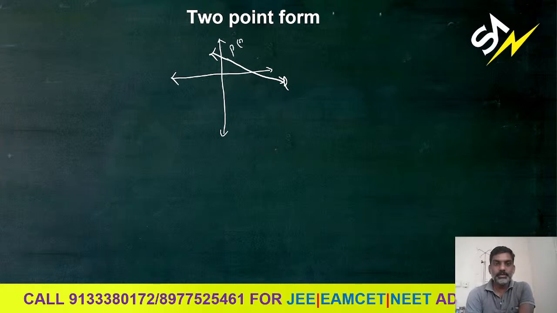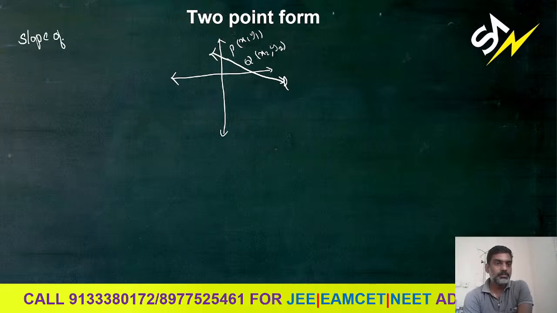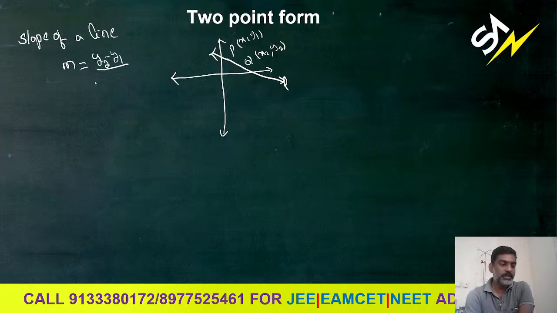Let us take P as x1 and y1, and then Q as x2 and y2. So first let us calculate the slope of the line, because here slope is not given. Slope of a line m is equal to, what is the formula? y2 minus y1 divided by x2 minus x1.